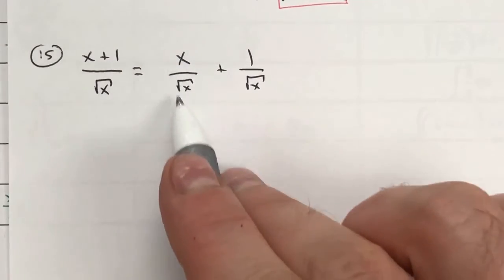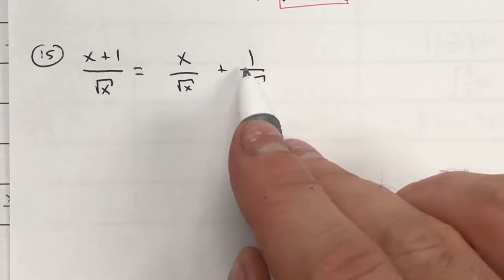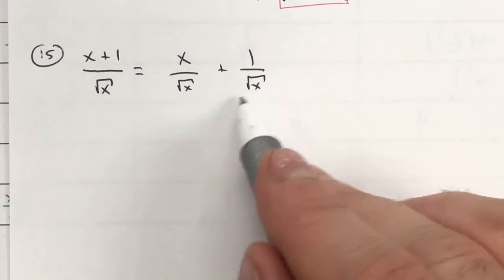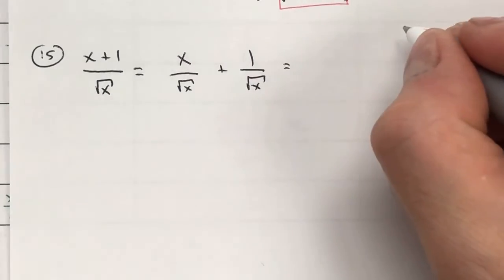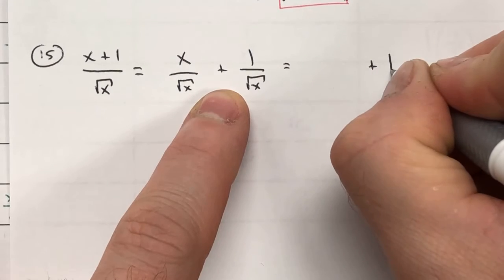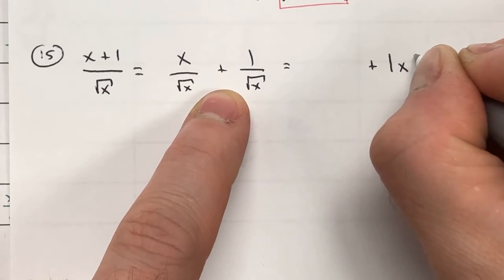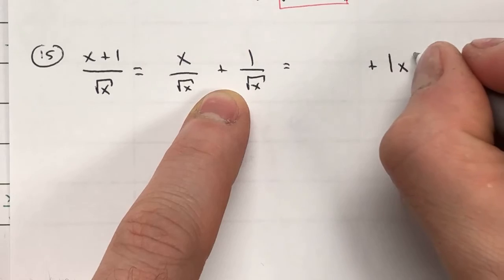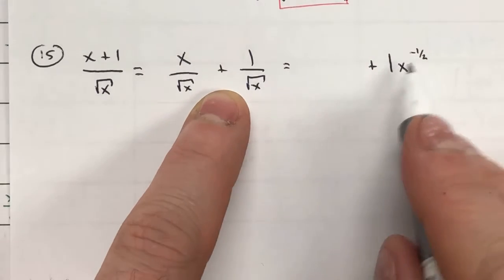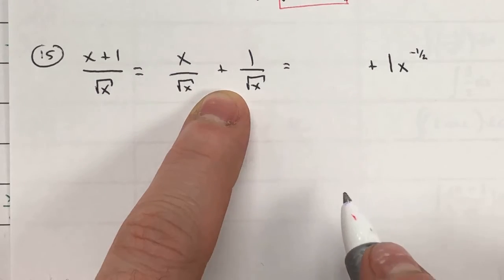I notice that right here, that can probably reduce, and this can reduce a lot. I can just say, hey, I know what the right side is. That's going to be plus 1 over x to the, well, if that's 1/2, negative 1/2. And that will be pretty easy to find the antiderivative of.